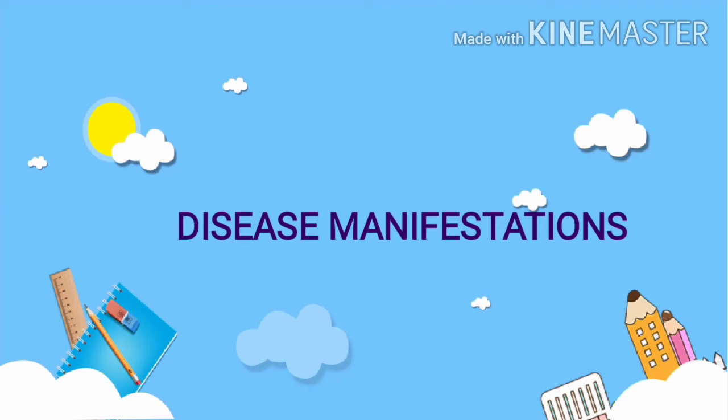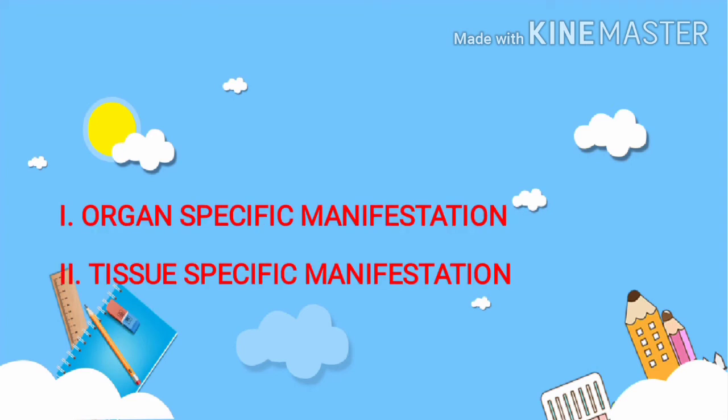Let's read about disease manifestations. Disease manifestations can be of two types: organ-specific manifestations and tissue-specific manifestation.